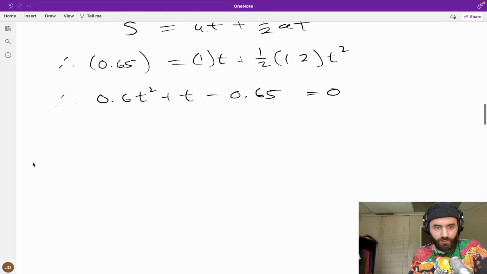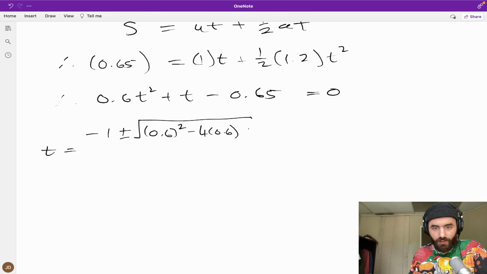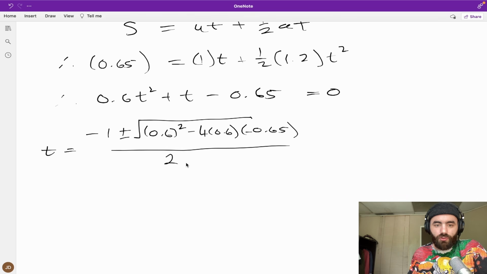Well, that's a quadratic, so I'm just going to use the quadratic formula: t equals minus 1 plus or minus the square root of b squared minus 4ac, over 2a.